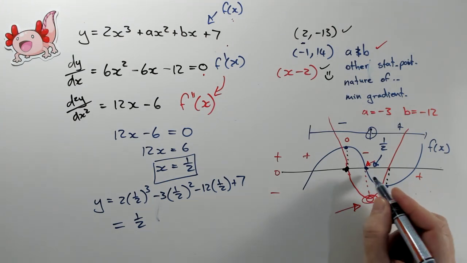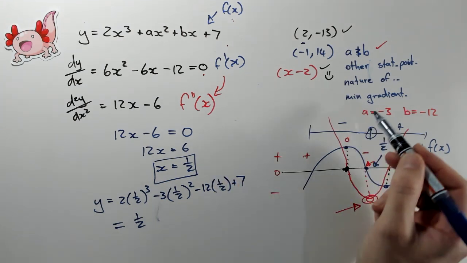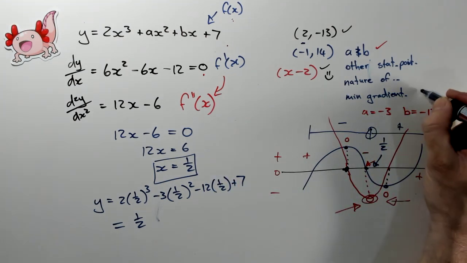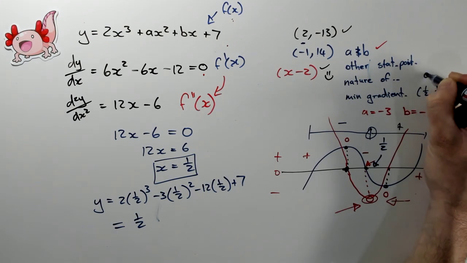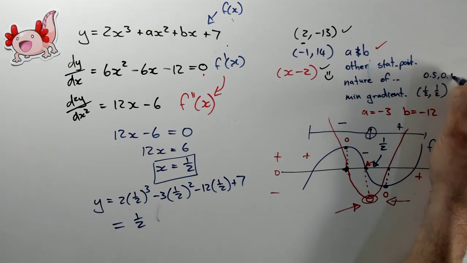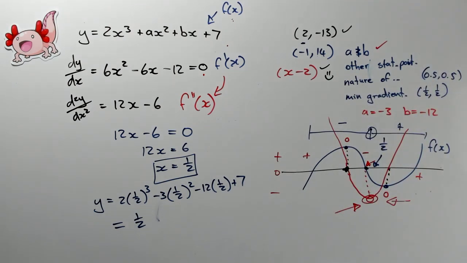So the point where the gradient is at its minimum is a half and a half, or you can write it as 0.5, 0.5. So that is the coordinate. That's the one thing they asked. And they also asked the value of the actual gradient.